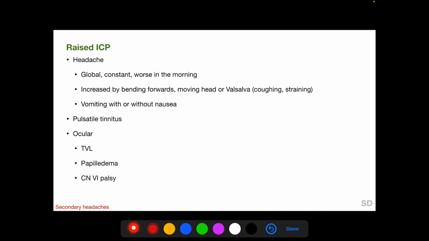Pulsatile tinnitus is a very important symptom of raised intracranial pressure, and we must inquire for this symptom when we suspect it. Ocular symptoms include transient visual loss which lasts for seconds, papilledema, and 6th cranial nerve palsy which may be bilateral.